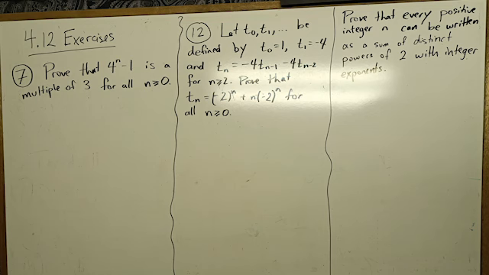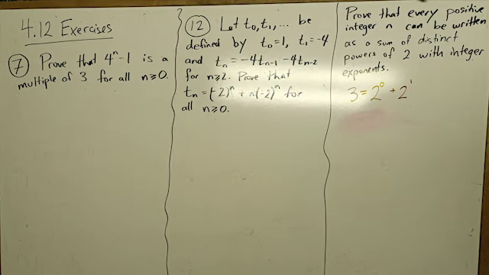Okay, the last question, which doesn't come from the course notes, but it's just a nice, interesting question. It says to prove that every positive integer n can be written as a sum of distinct powers of 2 with integer exponents.